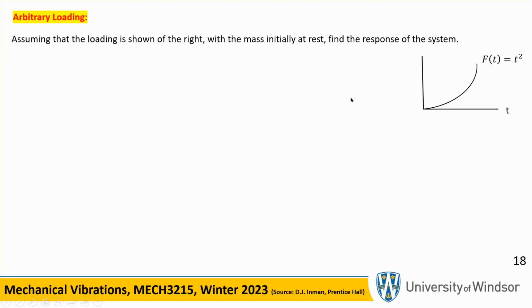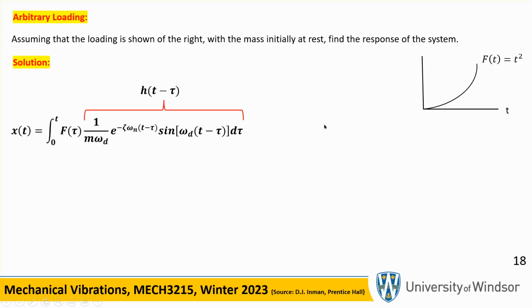Now let us consider the case where the load is not zero, not an impulse, and not sinusoidal. It's like that. Again, the mass is initially at rest. Well, the solution comes from the Duhamel integral, so it's going to be f of tau, h of t minus tau, or f of t minus tau, h of tau.